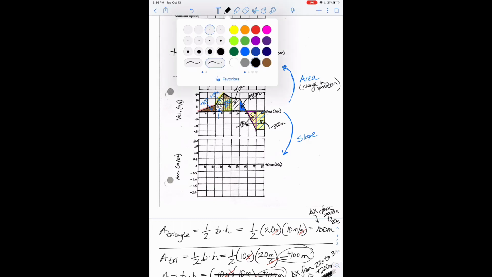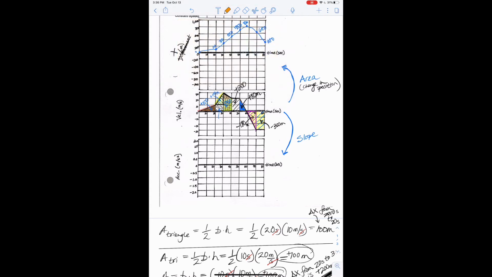Then I'm going to come down here to the acceleration graph, right? And I'm going to pick a color here, maybe orange. And what I'm saying is for the first 20 seconds, we should see this orange line right here. Now, one of the things we can do when we make this graph is use open circles right here at 20.